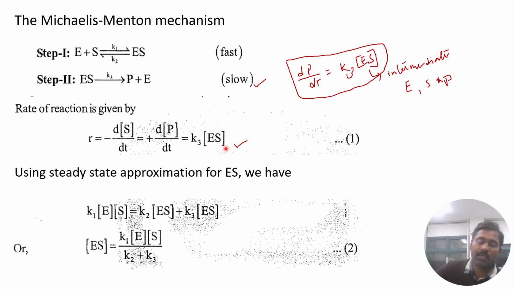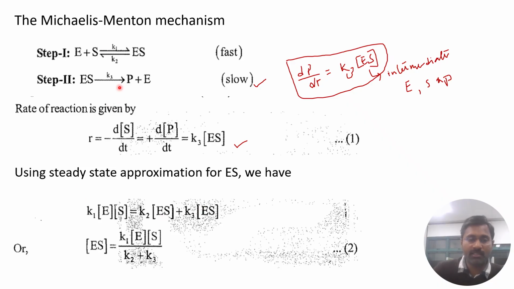The steady state approximation says the rate of formation of the intermediate and the rate of decomposition of the intermediate are the same. That means as soon as the enzyme substrate intermediate is formed, it is converted into product.